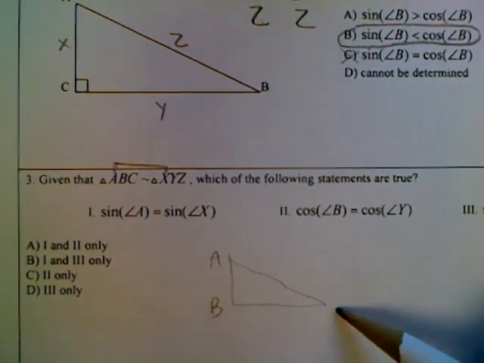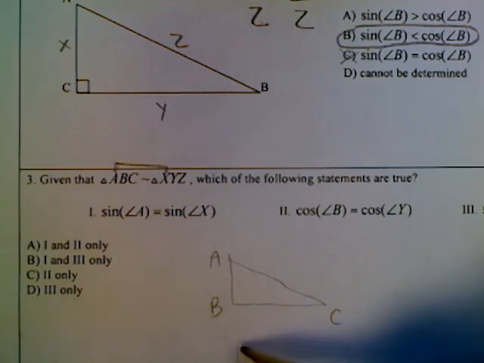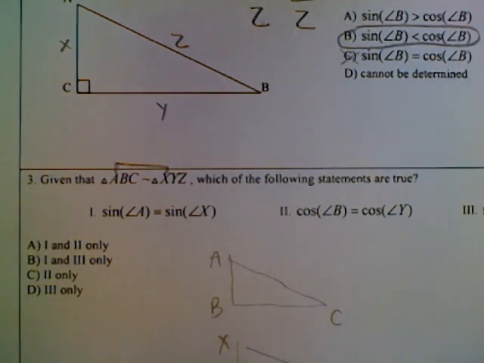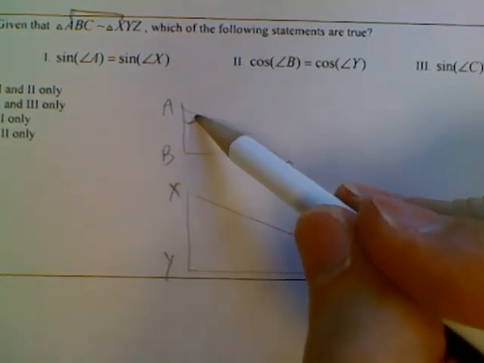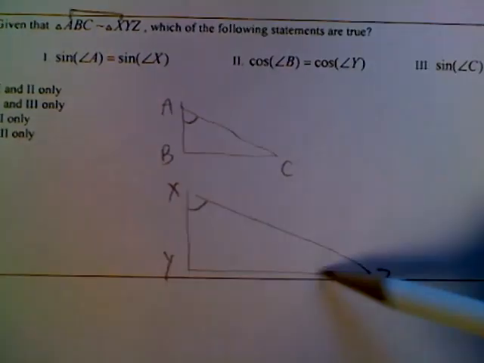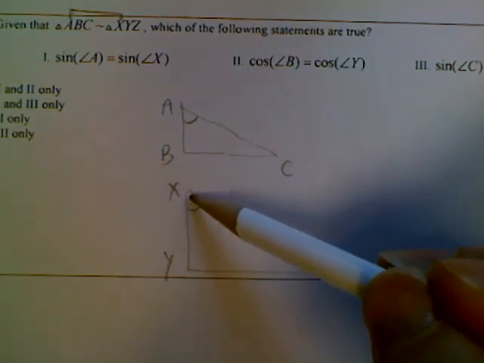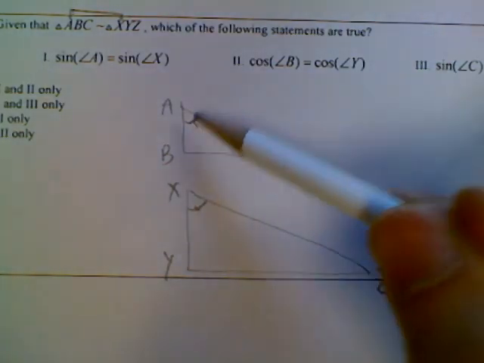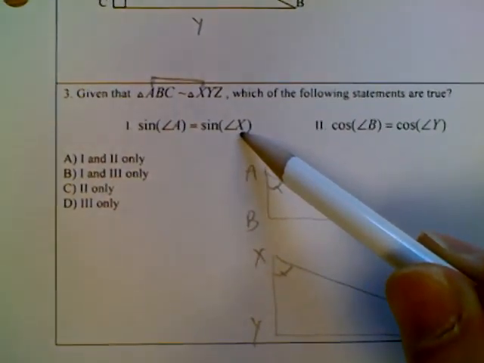A, B, C. We don't really need to do this, but if the triangles are similar and A and X correspond to each other, then angle A must be congruent to angle X. The sides might all be different, but the matching angles have to be congruent. So this angle A and this angle X are the exact same size angle.